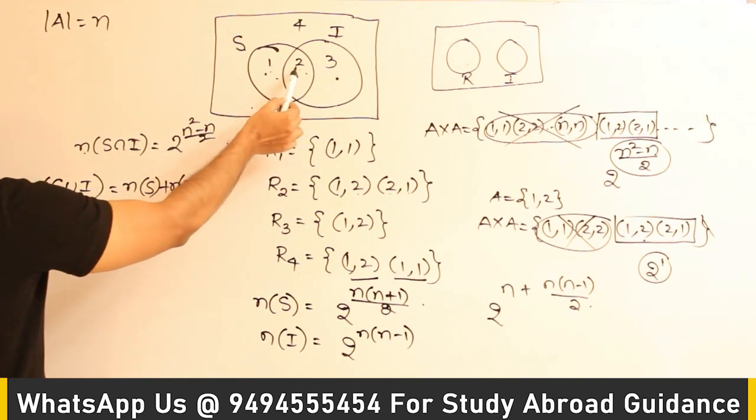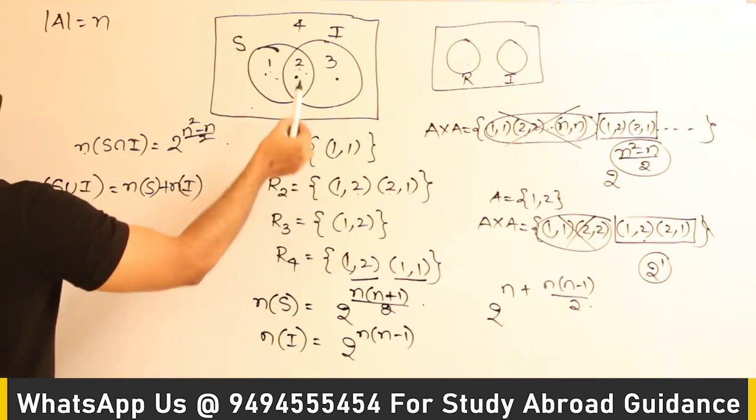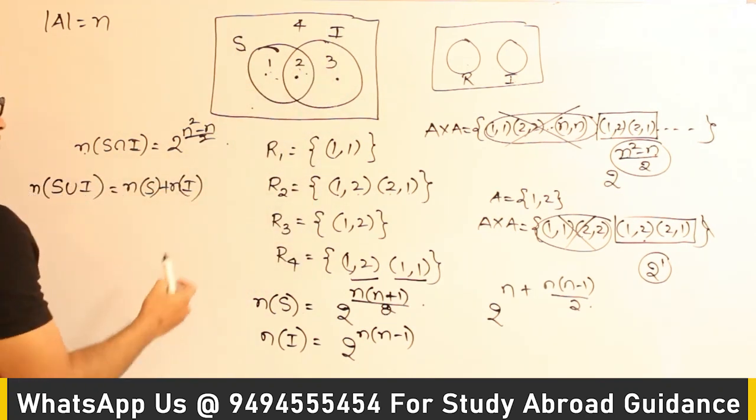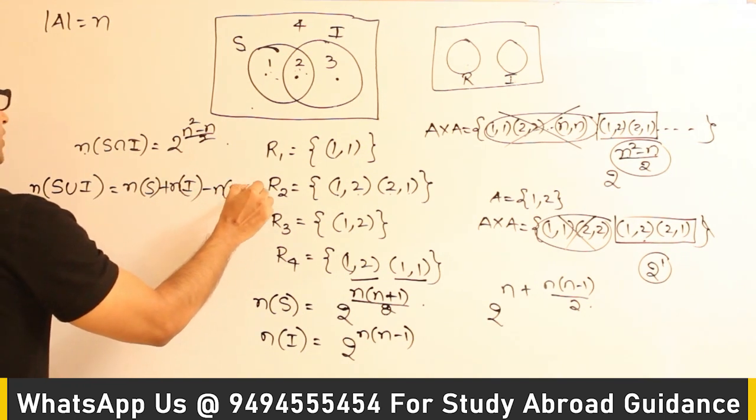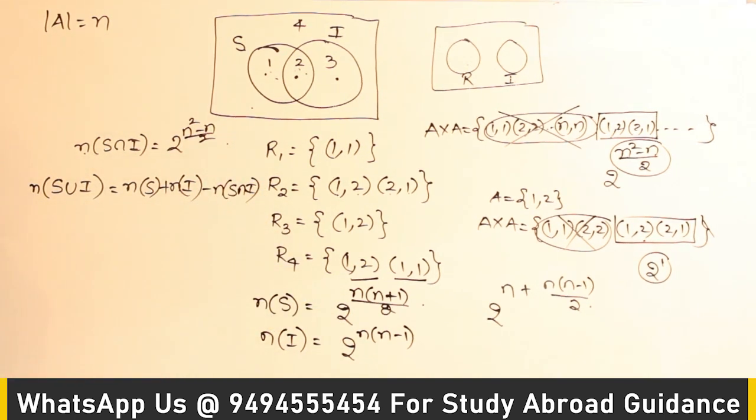Why? Because it is added once while counting S and once while counting I. Therefore you subtract n of (S intersection I). So you can just put those numbers and do that.